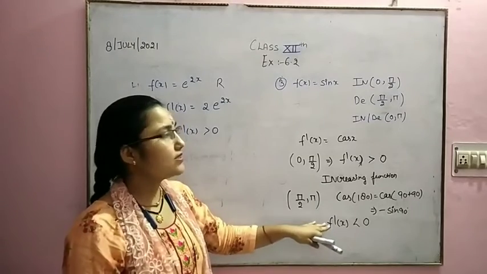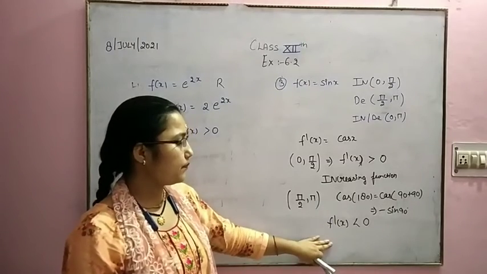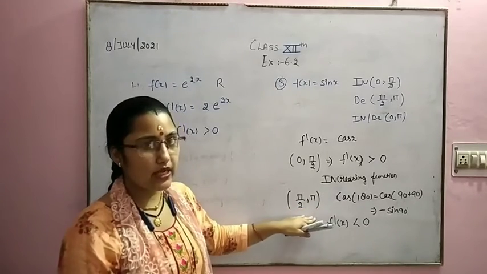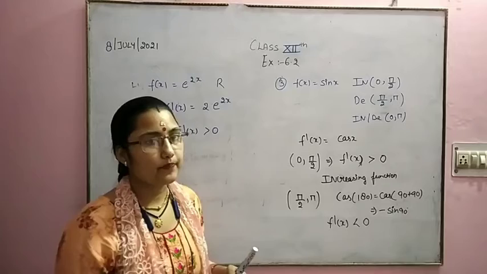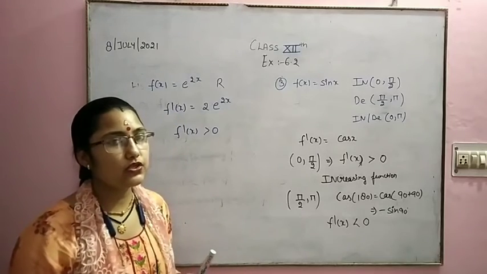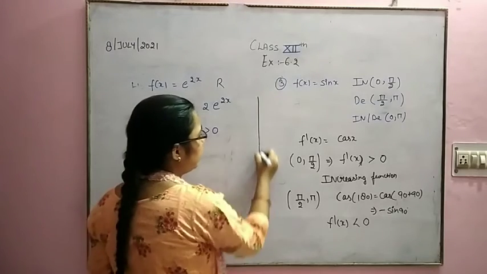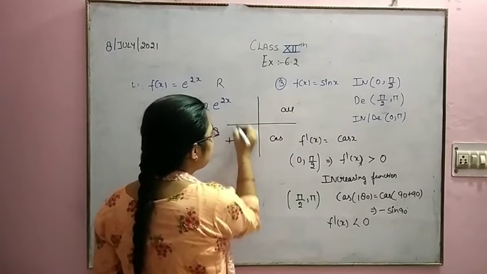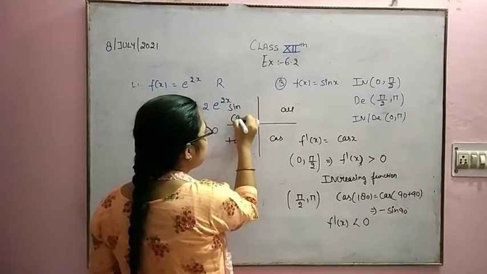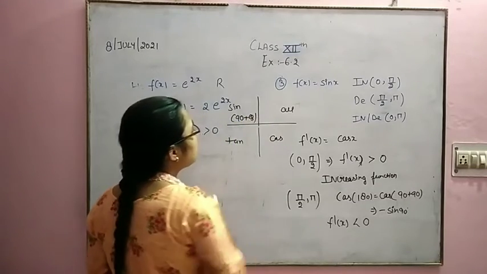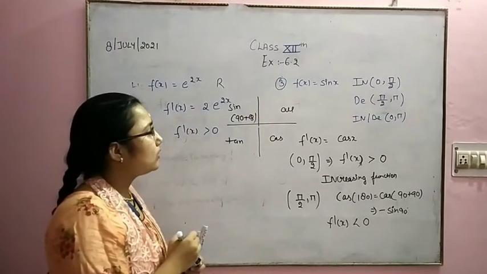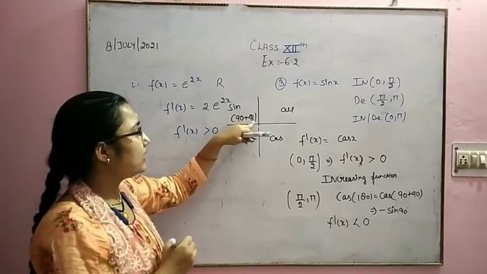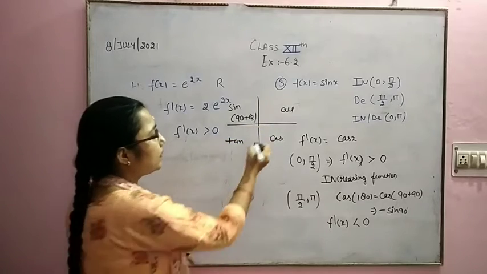So that means the function is a decreasing function, because this theta between pi by 2, that is 90, and 180, this range is 90 plus theta, and the range of 90 plus theta lies in the second quadrant, where all cos values are negative, and this is 90 plus theta. So all the values lie in the 90 plus theta range, and the maximum range is 90 plus 90, that means complete 180.